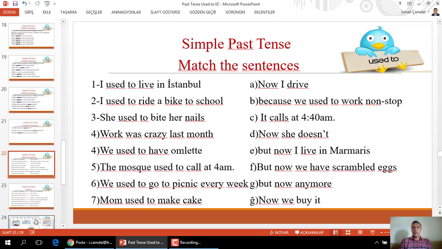Mom used to make cake. Now I drive. Because we used to work non-stop. It calls at 4:30 a.m. Now she doesn't. But now I live in Marmaris. But now we have scrambled eggs. But not anymore. Now we buy it.